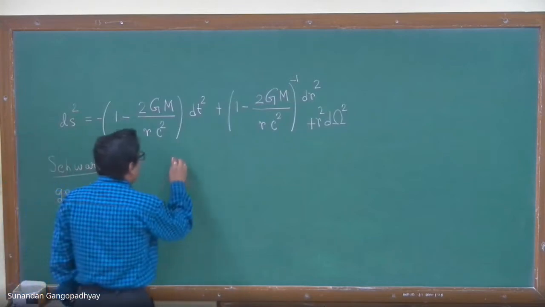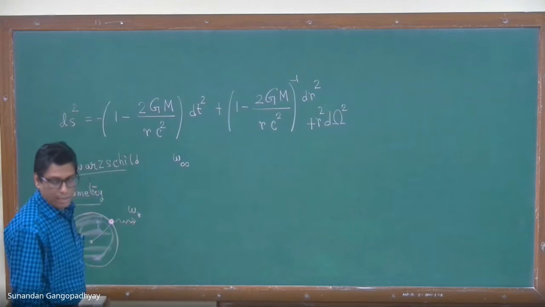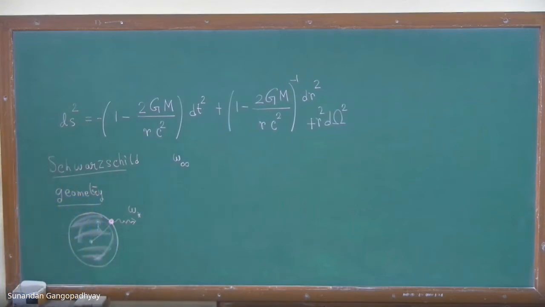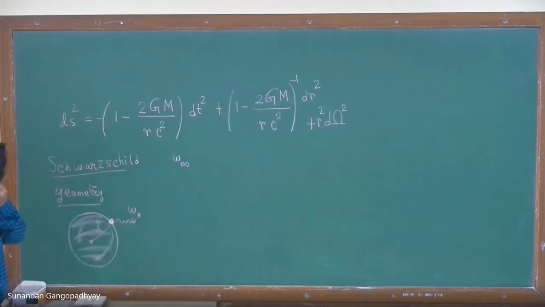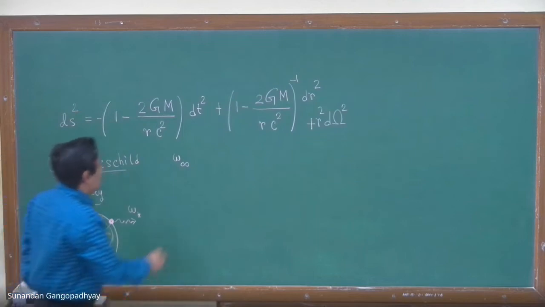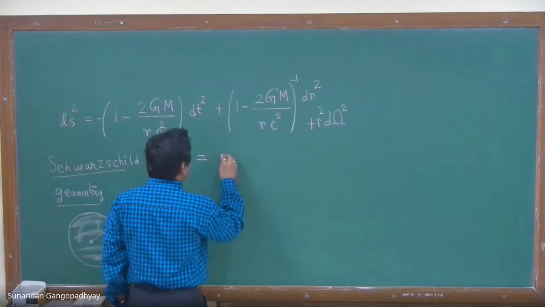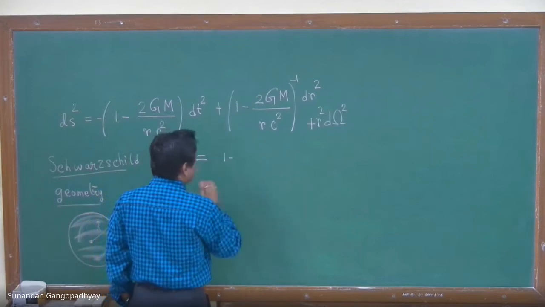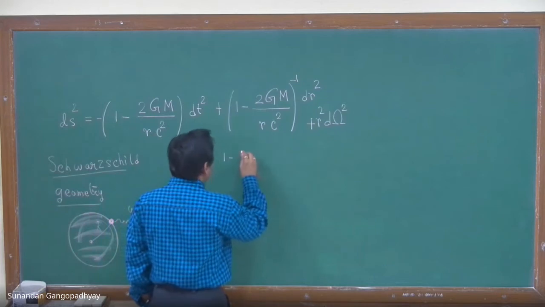Then the frequency that one receives at infinity, omega infinity, this is the frequency of the same signal received at an infinite distance from this object, will be given by 1 minus what we have seen earlier.